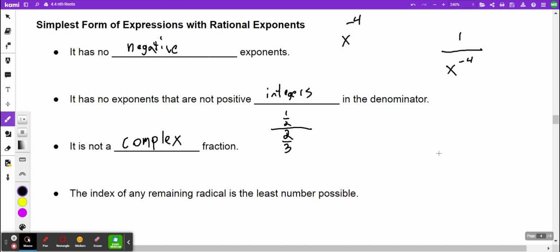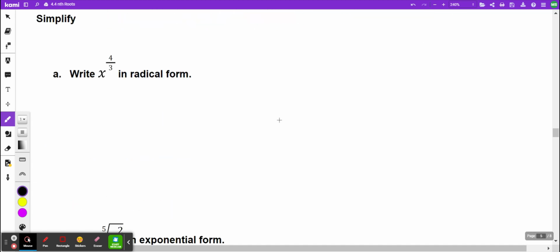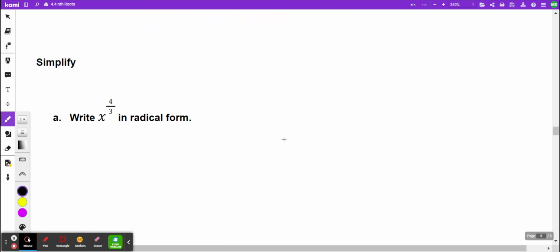So simplify it. If we have something to the third power and we have x to the sixth, then hey, we could simplify this. So let's actually simplify some, okay? Or convert from radical to exponential, or exponential to radical form.